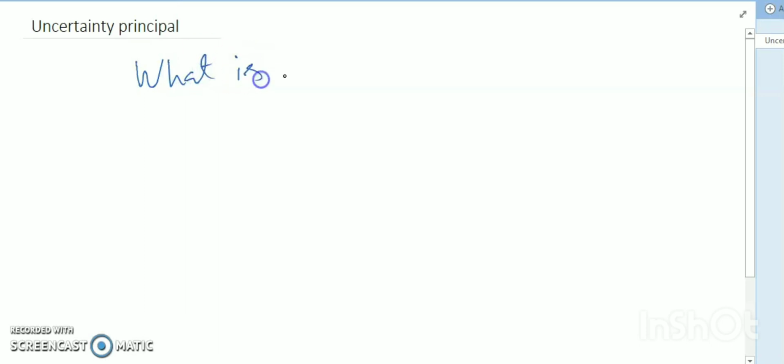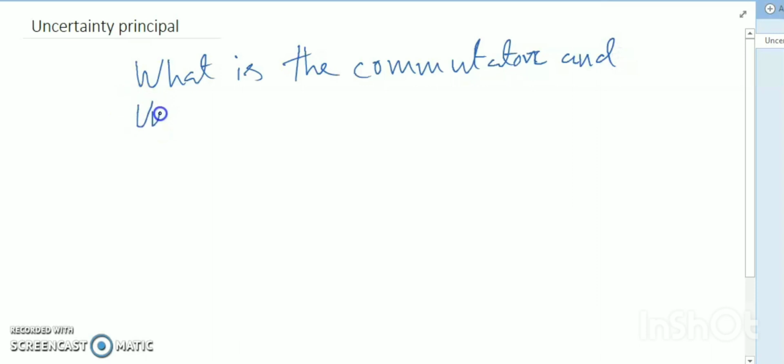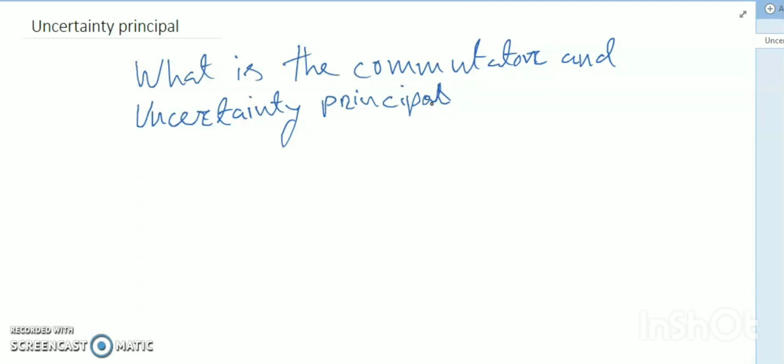This topic is very important for quantum physics learners.